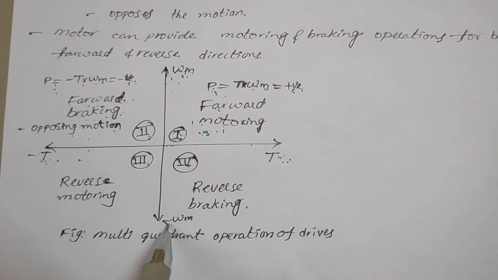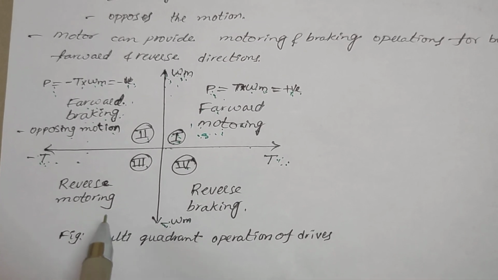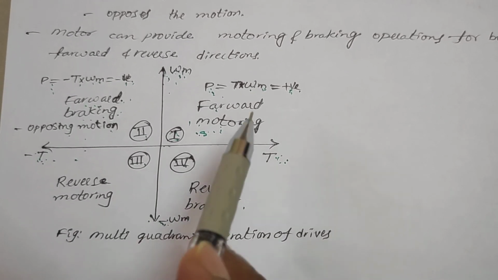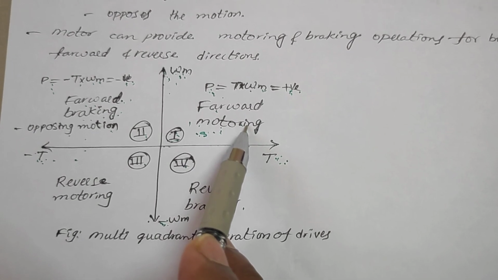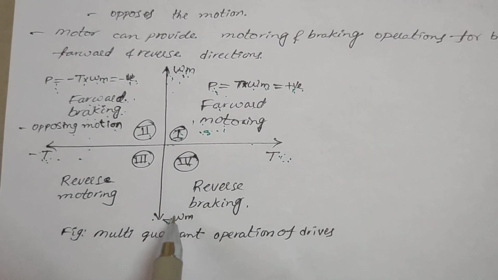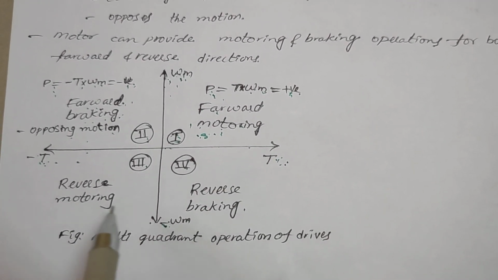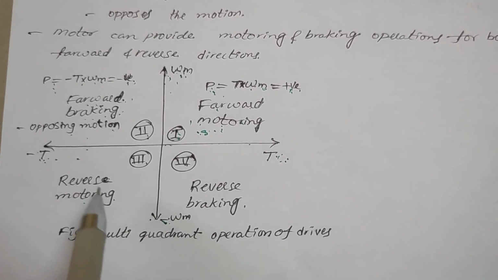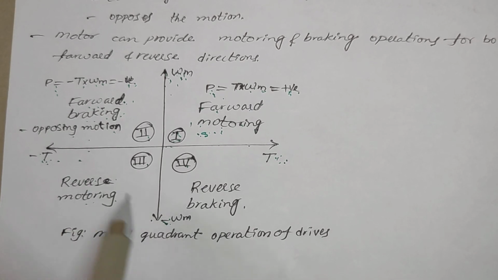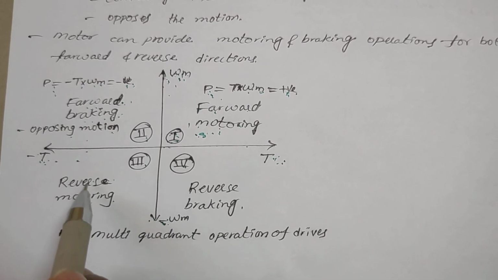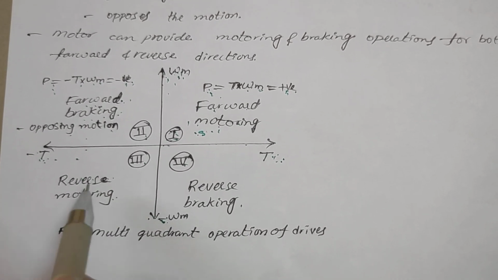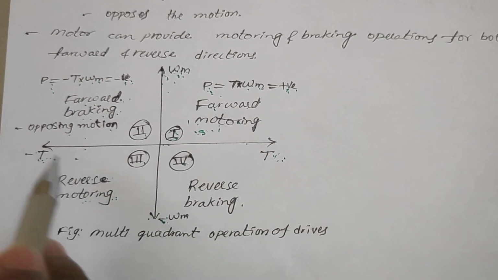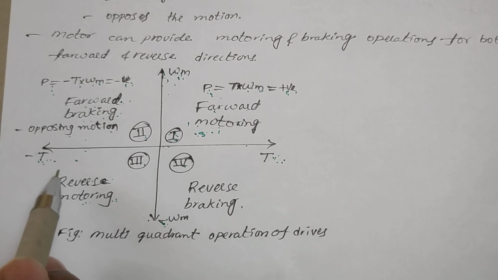Minus into minus is plus, and positive power will be generated, right? If it is positive power, it is in motoring mode, but your speed is in the negative direction. That's why it is reverse motoring mode operation. It is reverse because speed is negative. It is motoring mode because power P is equal to minus T into minus omega m, which gives positive power.